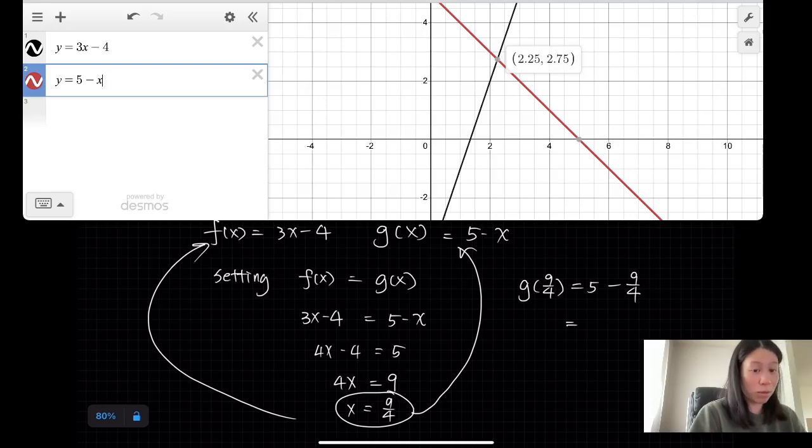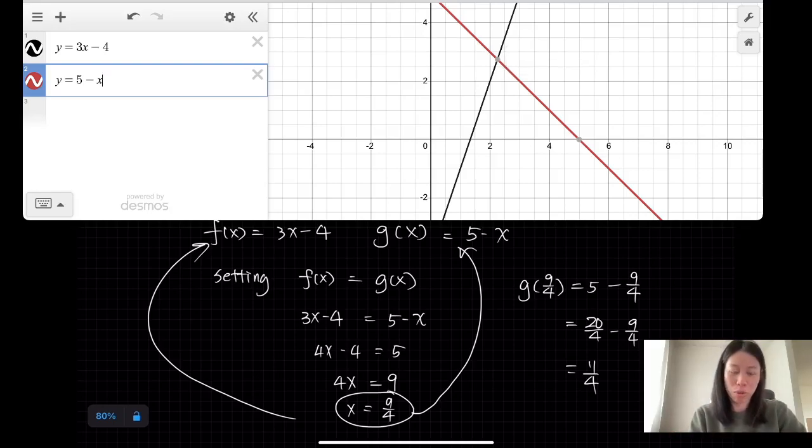So it will give me the y coordinate, which is 20/4 minus 9/4, which is 11 over 4, which is 2 3/4, which is what they show on decimals.com. So here is the intersection point. Remember that this point is going to be on both lines.